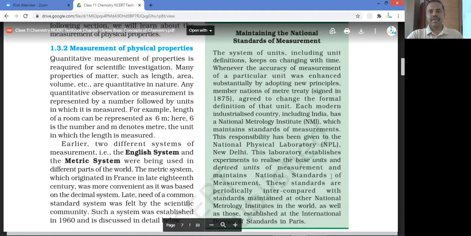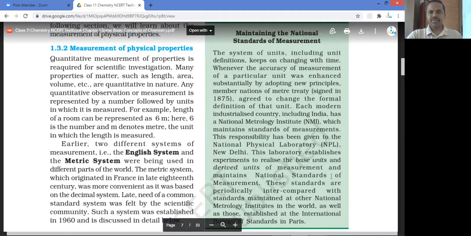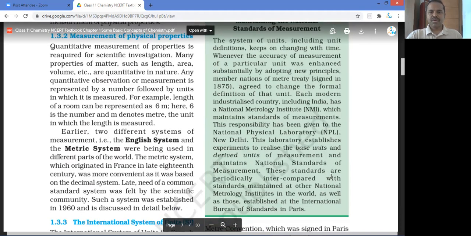Maintaining the national standards of measurement, including definitions. Each modern country, including India, has a National Metrology Institute, and the responsibility has been given to the National Physical Laboratory in New Delhi.